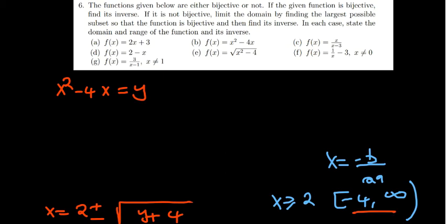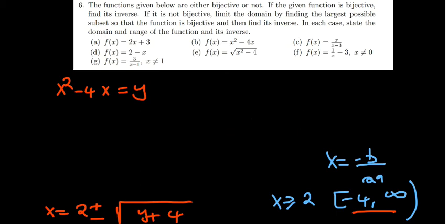So if you find the inverse function, the other way you can look at it is that there is a restriction that you can't have negative numbers under the square root. So whatever you have under the square root, in this case y plus 4, should be greater than or equal to 0. In such a case, y, which is denoting our range, becomes greater than or equal to -4, which is actually what has been presented as our solution already. So that's how you find the range from the inverse function.